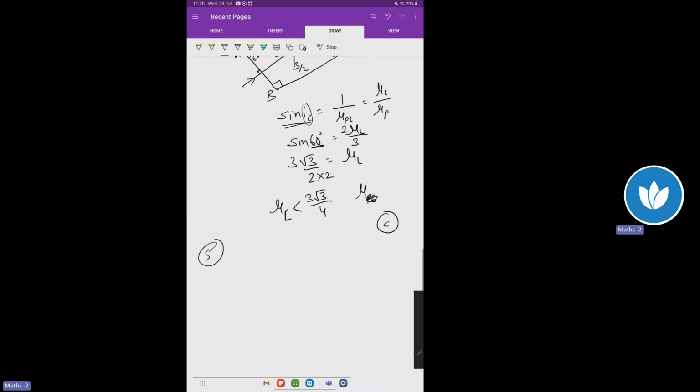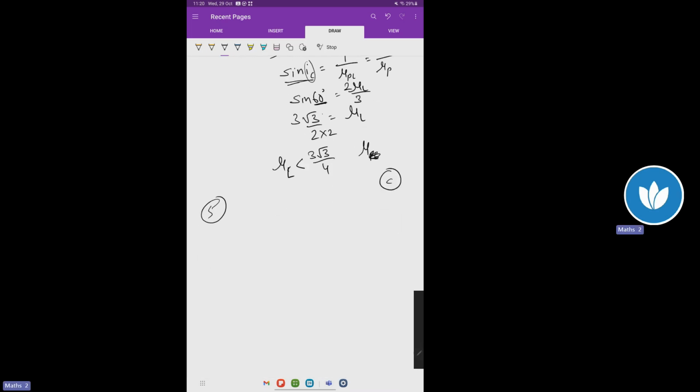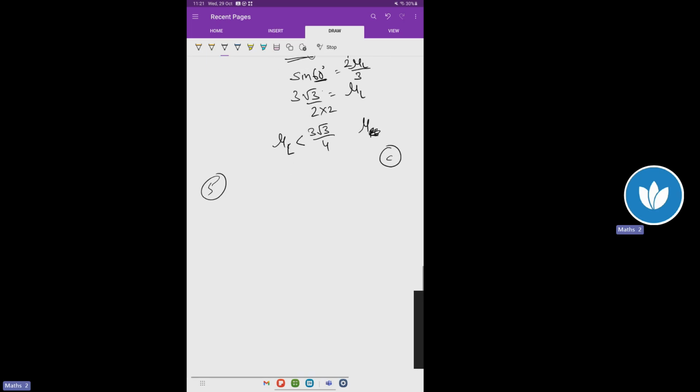Question number 5. A concave lens forms the image of an object such that the distance between the object and image is 10 centimeter and the magnification produced is 1 by 4. The focal length of the lens will be. So we have a concave lens.